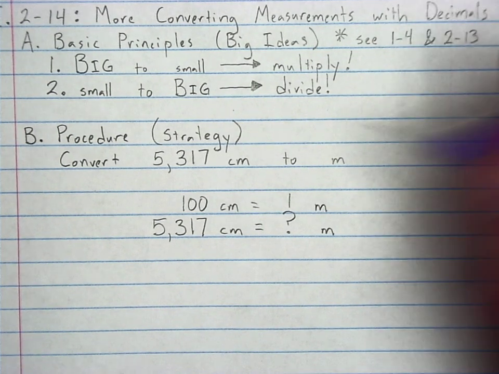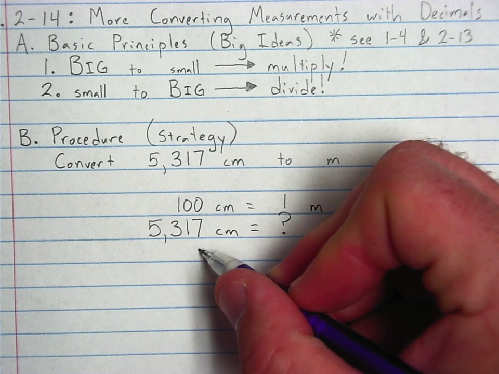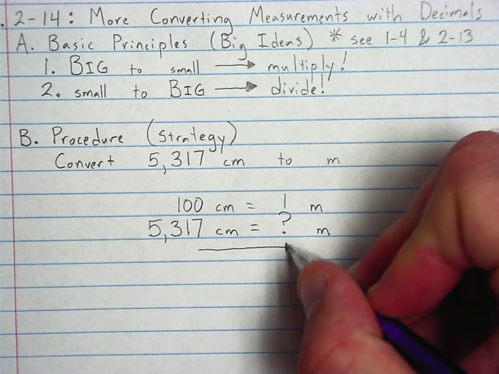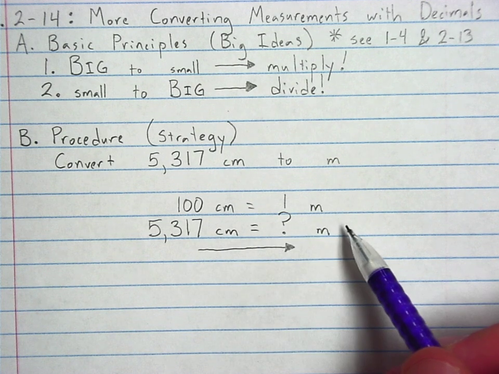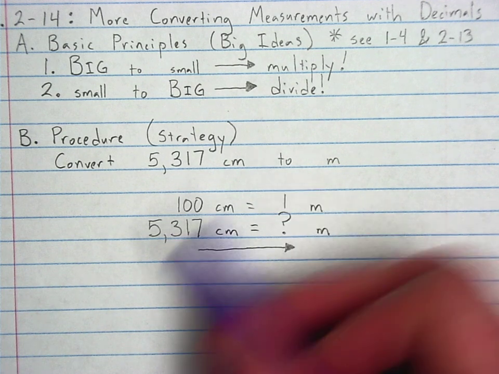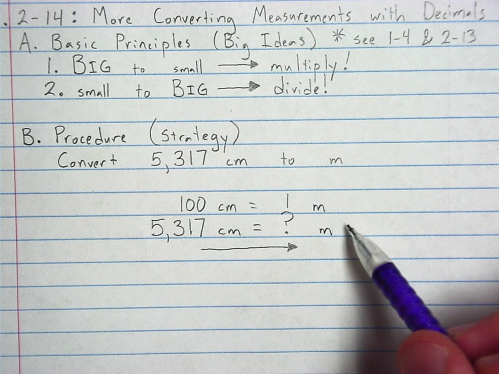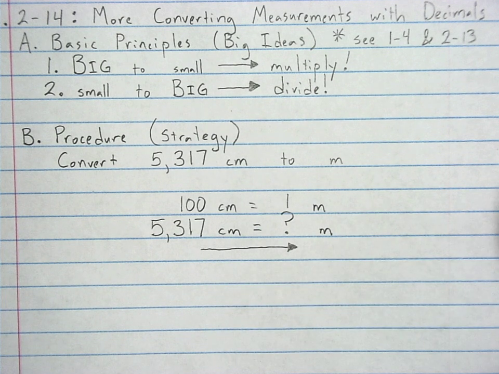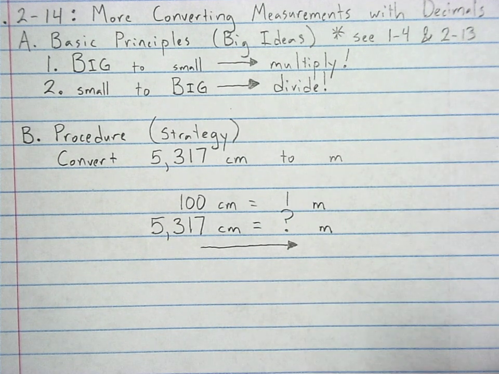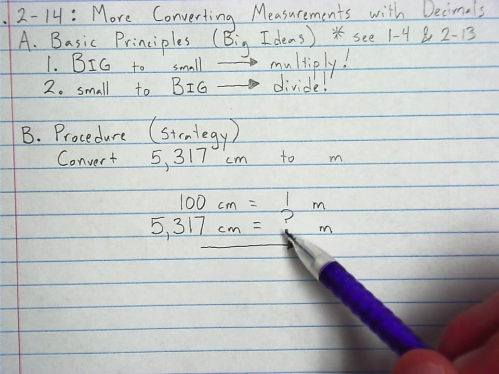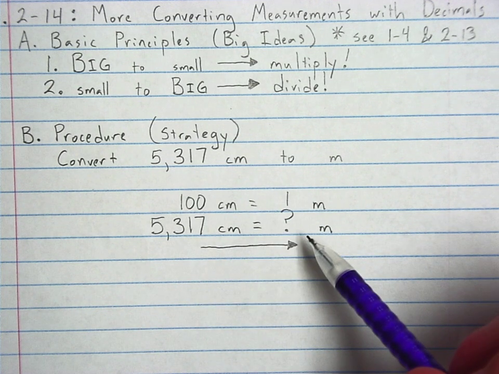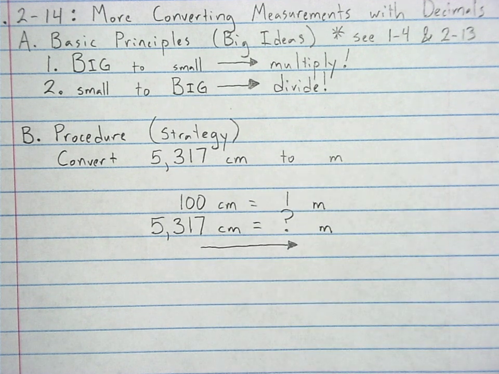And then I'm going to use an arrow to help reinforce that I'm going from centimeters to meters. Now, if I had written this the other way with the meters on this side and the centimeters on this side, the arrow would be going the other direction. Because ultimately the arrow should always be moving toward wherever the unknown is. It needs to move towards what I need to find. That might be on the right, it might be on the left.